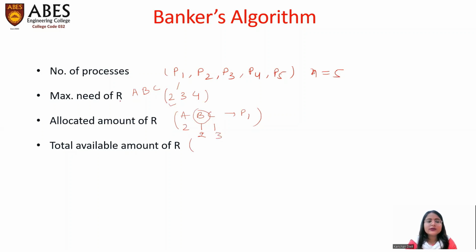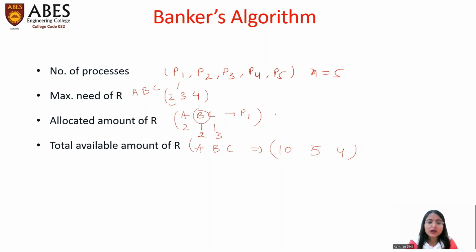Here we can see the total available amount of resources for A, B and C, which is the maximum allocation that could be provided to the processes. Suppose 10, 5 and 4. So maximum we can allocate 10 for resource A, maximum 5 for resource B and maximum 4 for resource C. So this is the total available amount of resources.